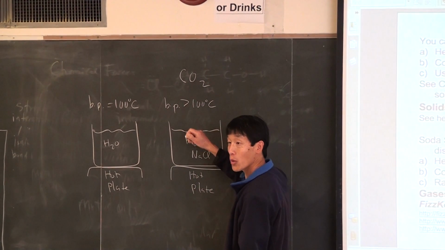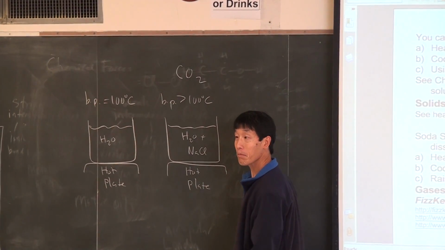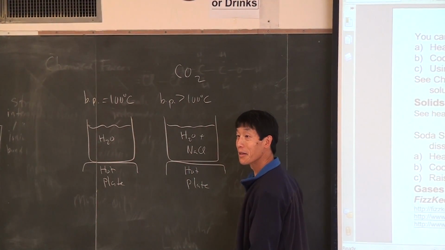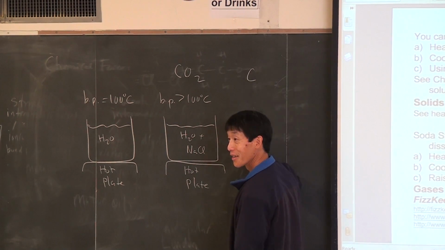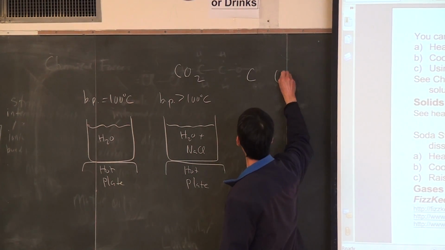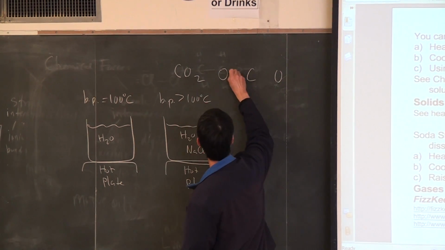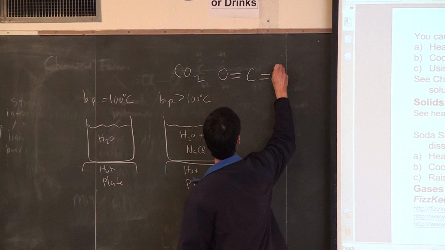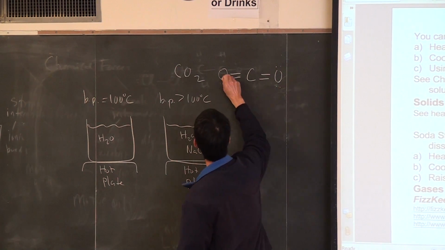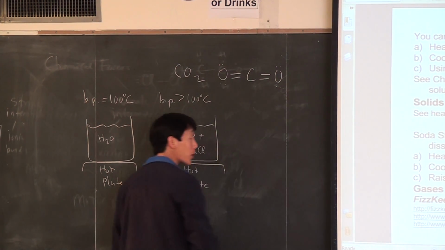Okay, so what does the Lewis structure look like? It's like a water molecule. Yes, double bonds between the carbon and oxygen atoms, with lone pairs on the oxygens. Make sure you track all of them. Now, what is the shape of the CO2 molecule?